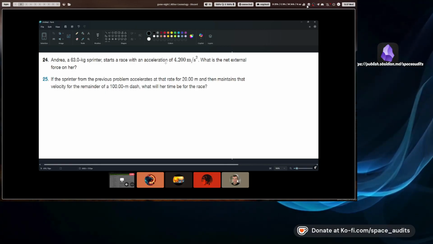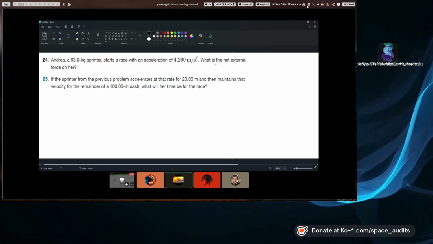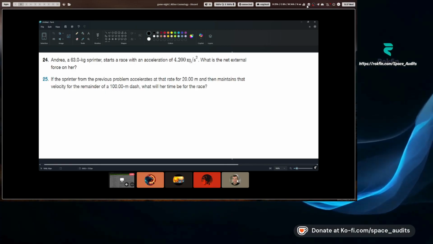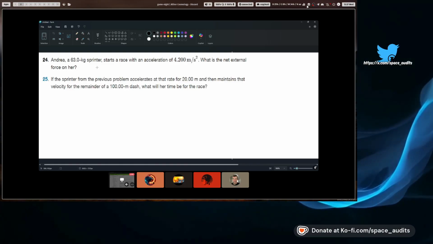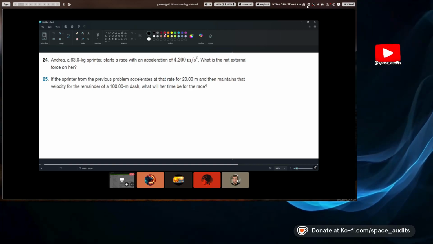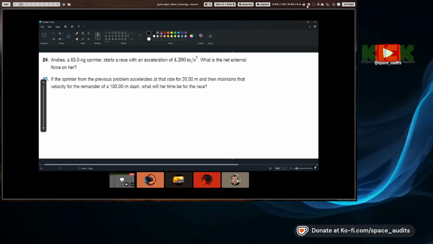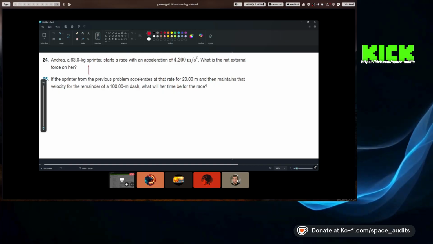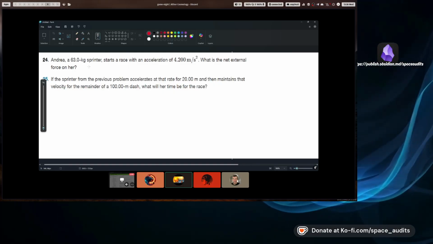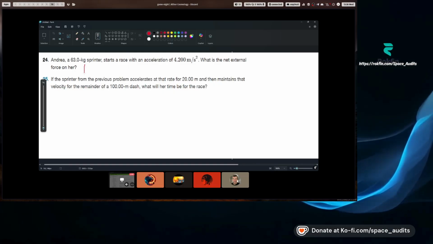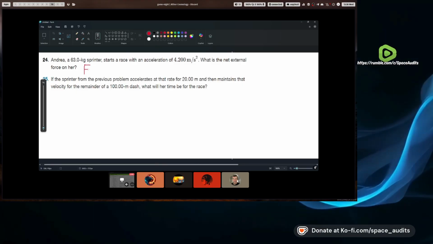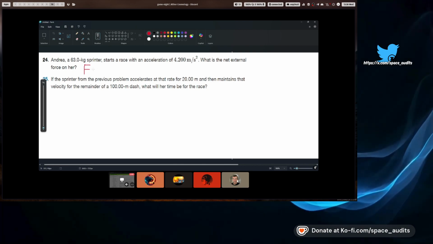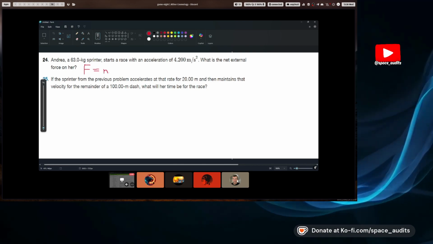So we have some equations that we get to use here. This one's pretty easy. I'm going to give you an equation, Alan, and see if you can solve for it. This is going to be our equation for Newton's second law of motion: F equals ma.